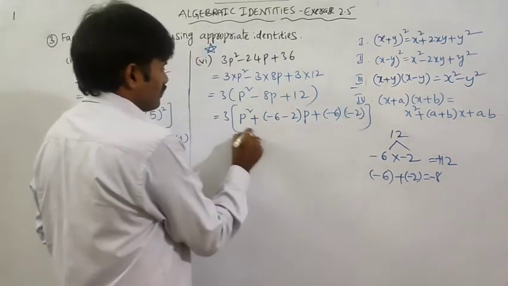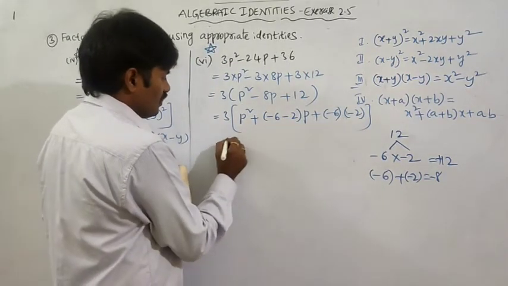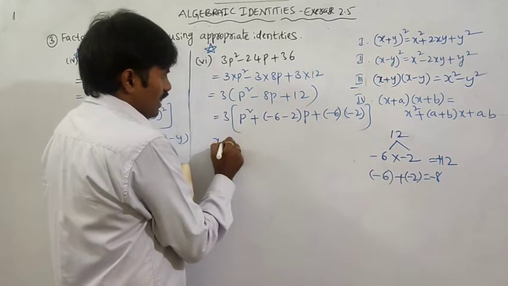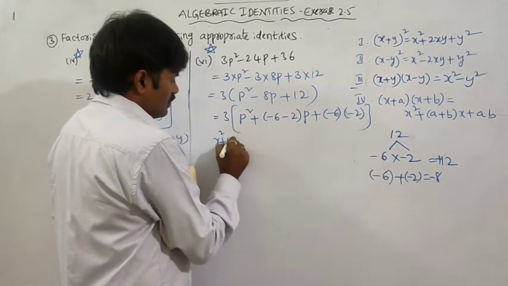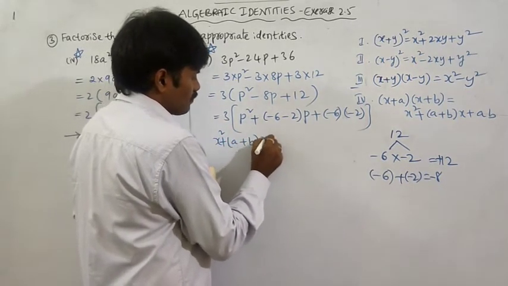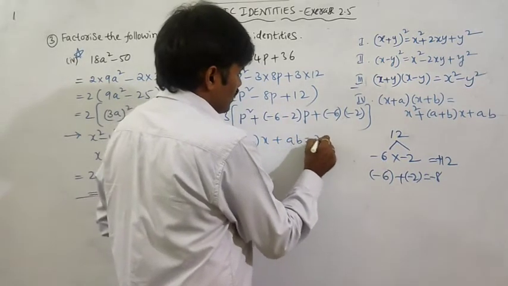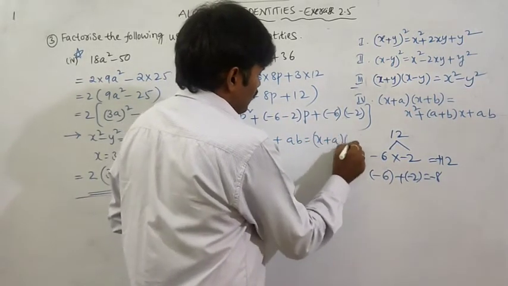Is it clear? Now it is clear. Now it is in the form of x square plus a plus b into x plus ab. The formula is x plus a into x plus b.